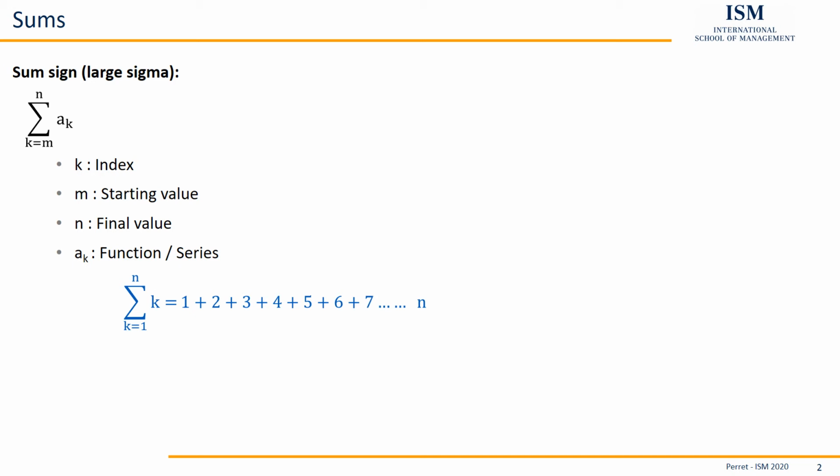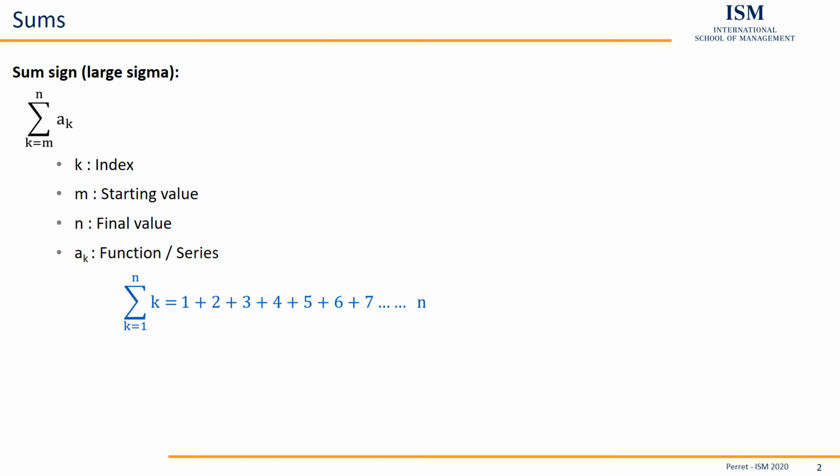And so forth until at the end we arrive at n, which is the final value. So this simple sum here just describes adding up all numbers from 1 to n. And that's also called the so-called arithmetic series.